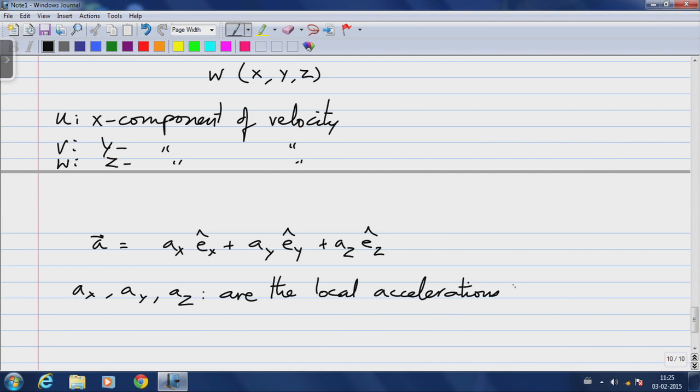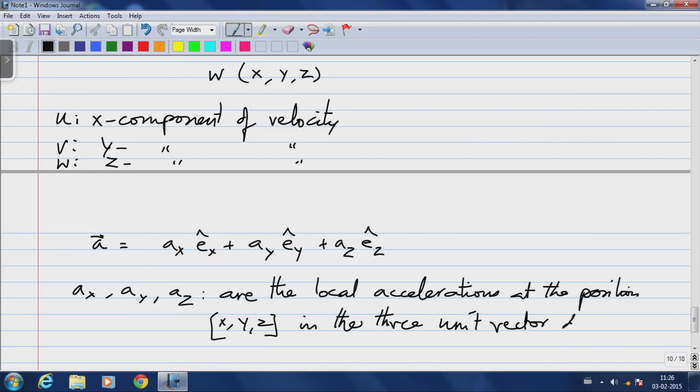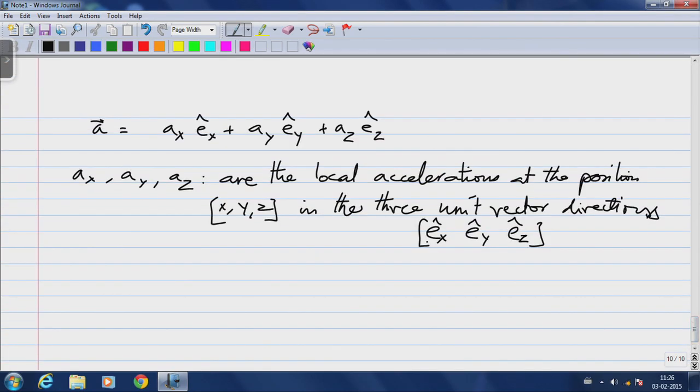These are local accelerations at the position x, y, z, in the 3 unit vector directions. So, Ax is the component along Ex, Ay is the component of the acceleration along Ey, Az is the component of the acceleration along Ez.